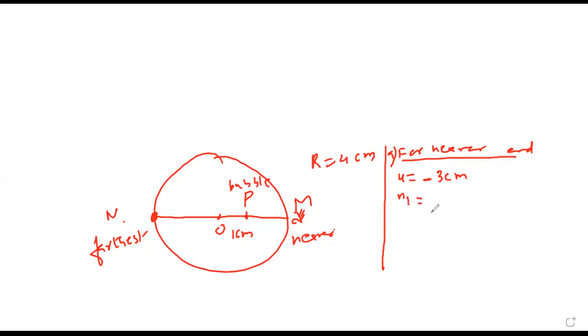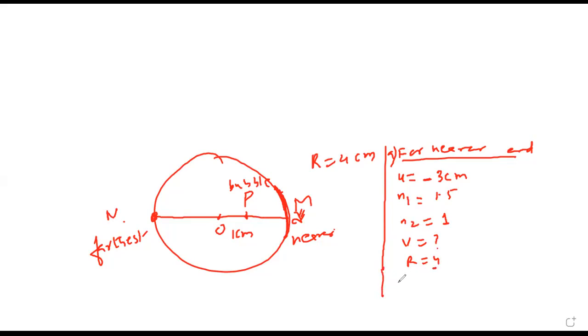So N1 is how much? N1 means glass, 1.5. N2, it is going in air, 1. And V we have to calculate. Radius of curvature is 4, and the center is on the left hand side from the surface which we are observing, left hand side, so minus.